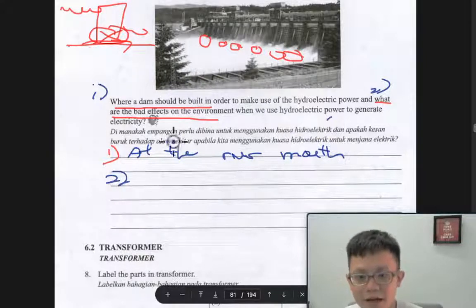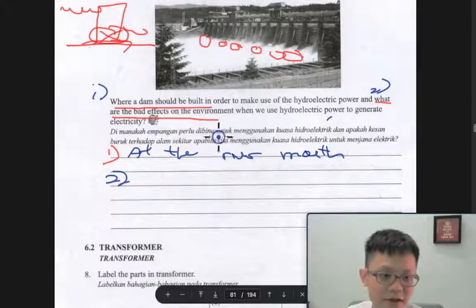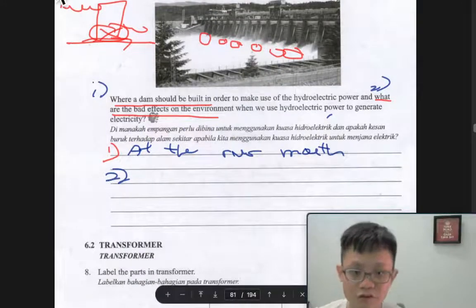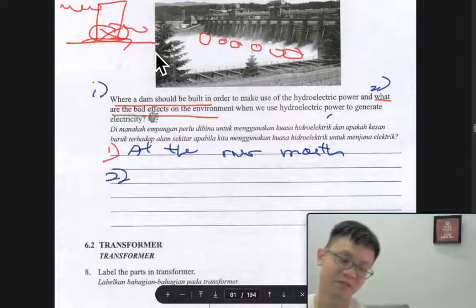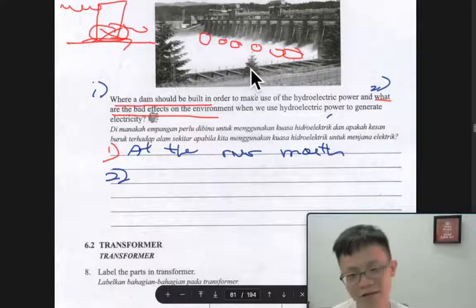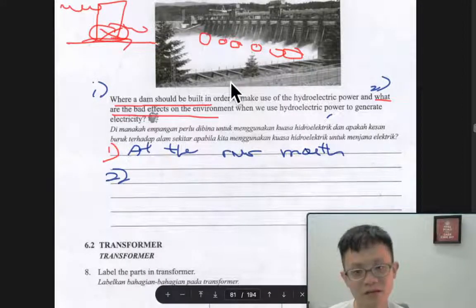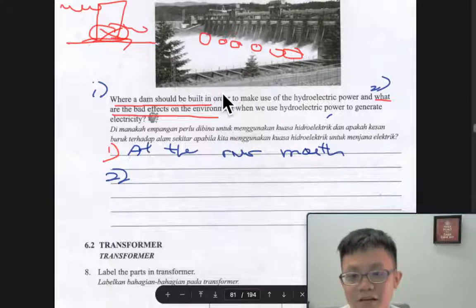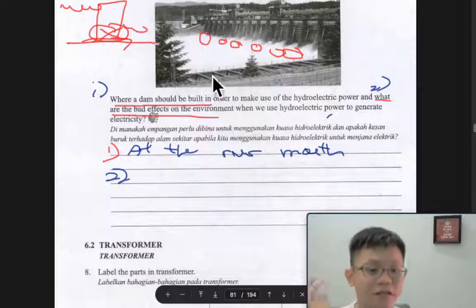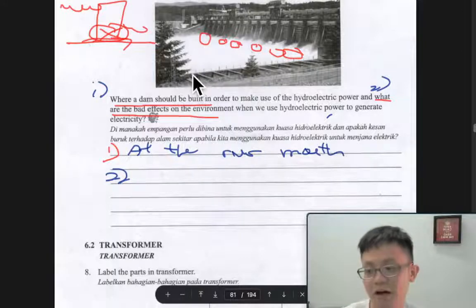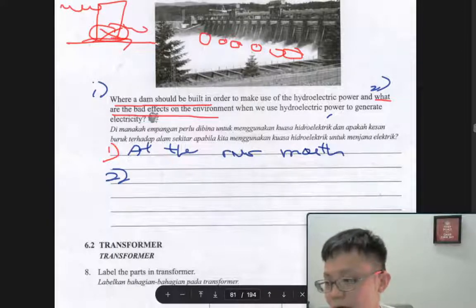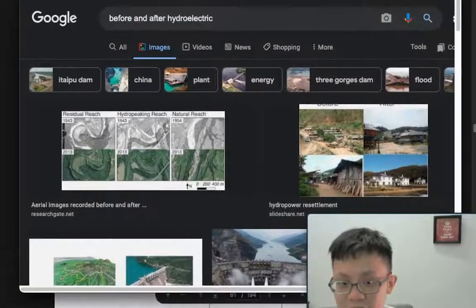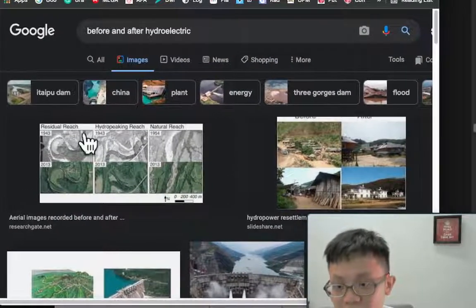And what are the effects on the environment? If you build the dam, last time when I was a student, I thought that the dam is always a good thing because it's a renewable energy and you can use it again and again. But actually there is also a downfall, and let's see, I can Google it. It will destroy many places.